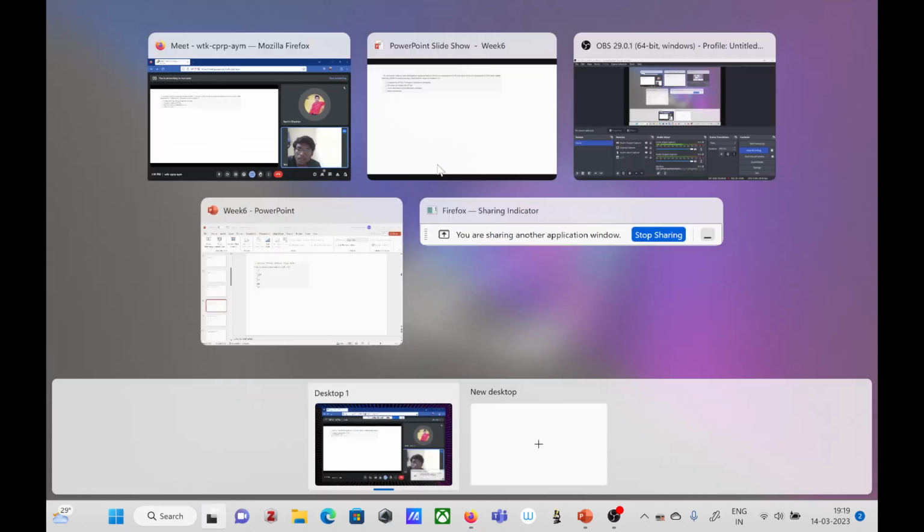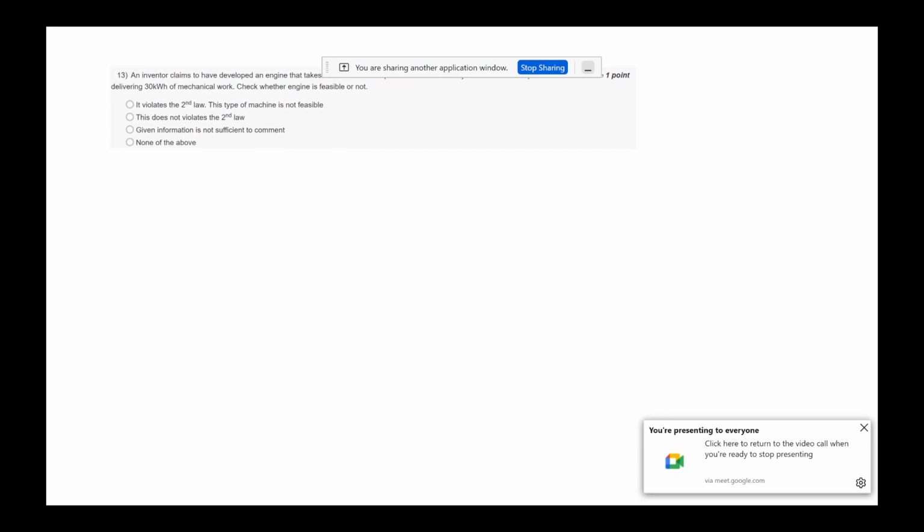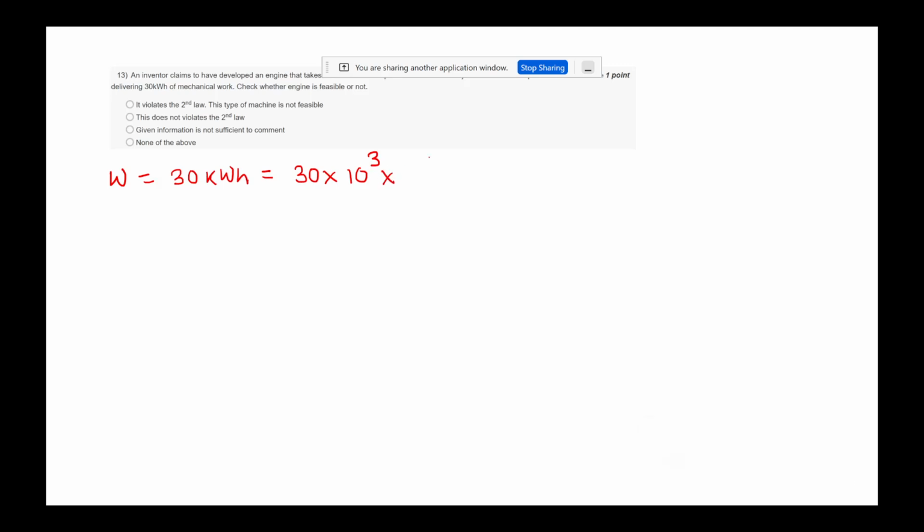Now let me first convert the unit of this W, which is 30 kilowatt hour. For kilo, this will be 10 to the power 3, kilowatt to watt.